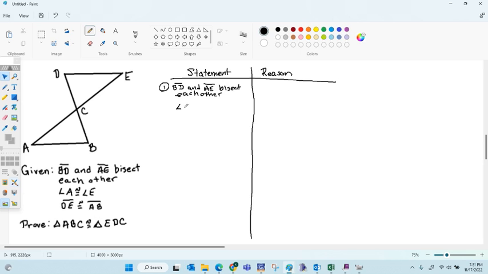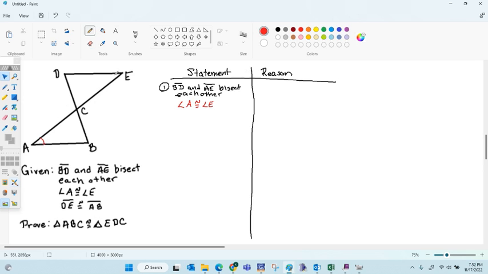Angle A, actually I'm going to use another color here, so I want to make it stand out. You can use colors or not, but I'm just trying to draw your attention. Angle A is congruent to angle E. And I want to go ahead and mark that right in my picture.